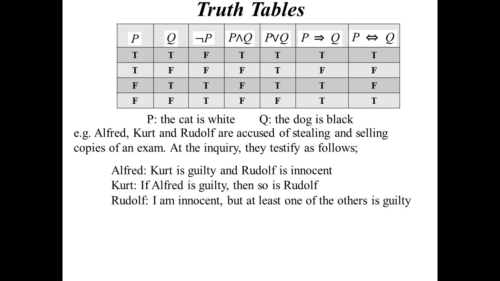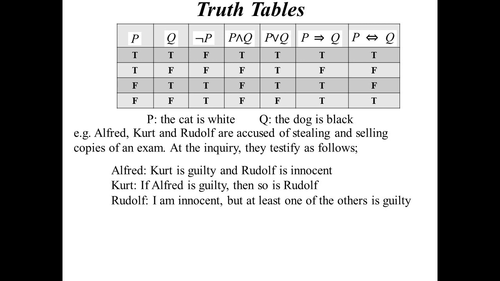So these are their statements. Alfred said, well, Kurt is guilty, so he's dobbed him in. And Rudolph over there, well, he's innocent. He didn't do anything. Kurt said, well, look, if Alfred is guilty, then so's Rudolph. And Rudolph said, hey, I'm innocent. I did nothing. But at least one of the others is guilty. So these are the three things they said.